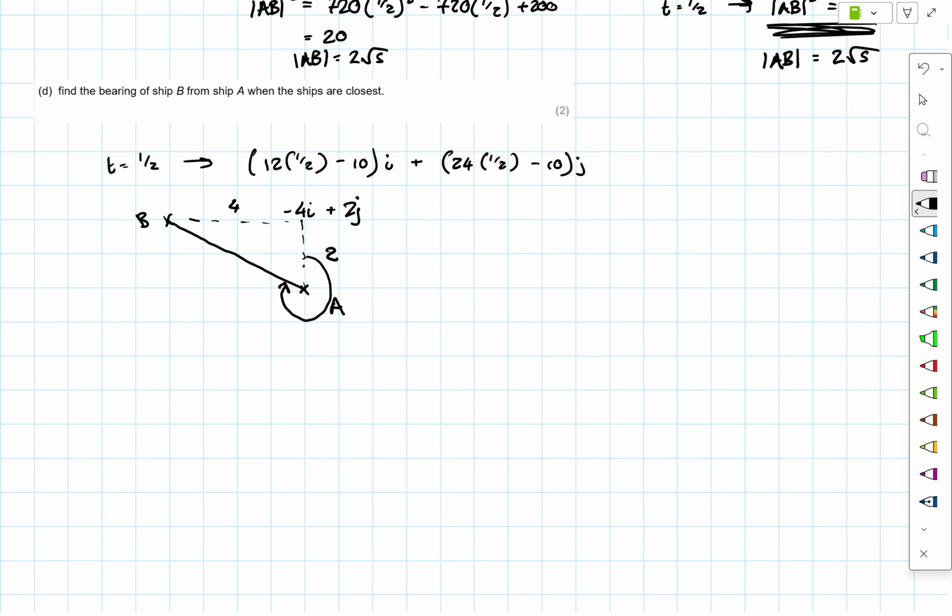Well, there are different ways of doing it, right? There are different angles I could calculate. I could calculate that angle inside there and add that onto 270, but in my opinion, the easiest way, as this one looks, is going to be to find that angle there and subtract that away from 360. So I find that angle by doing tan inverse of opposite, which is 4, over adjacent, which is 2. And so tan inverse of 2 is 63.4.